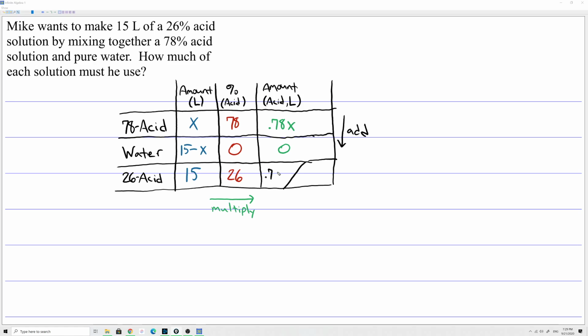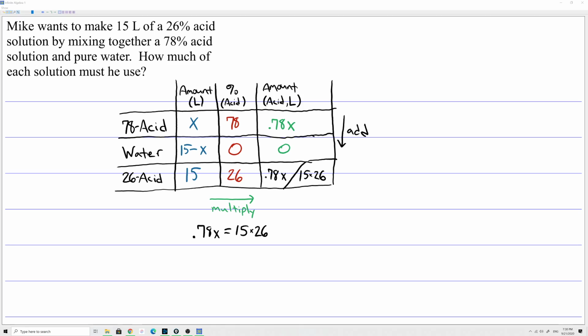Well, that's 0.78x. As you move left to right, you multiply. So we have 15 times 26, whatever that is. So there's two different ways of filling in this box. That means these two quantities have to be equal to each other. So we have 0.78x equals 15 times 26.